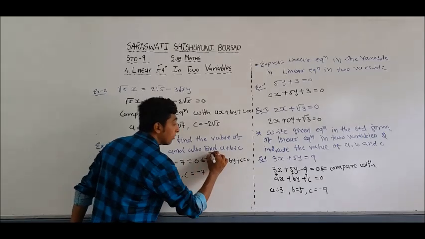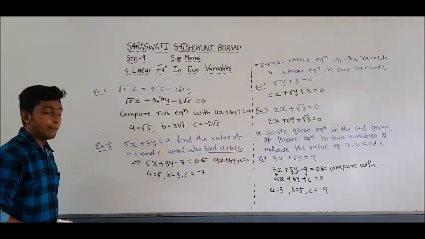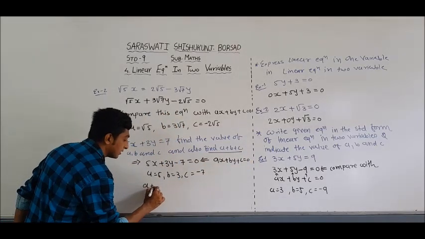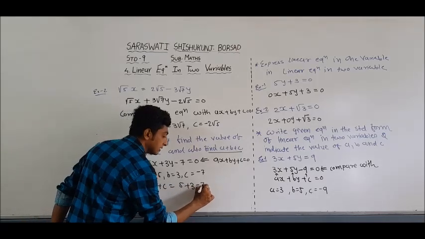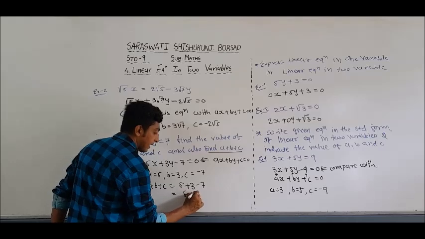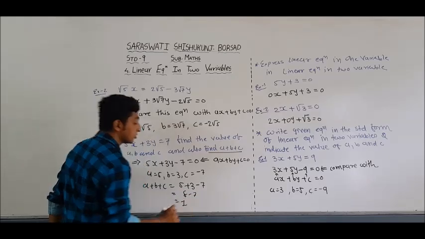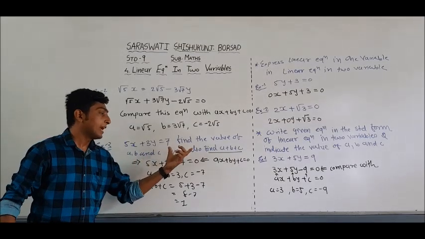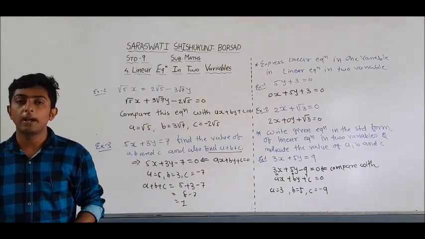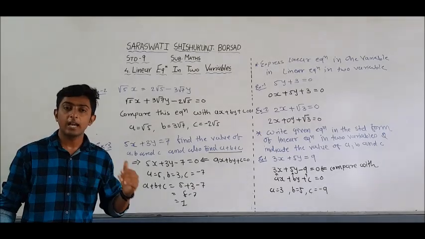Now we also have to find a plus b plus c. So a plus b plus c equal to 5 plus 3 minus 7, that is 8 minus 7, that is 1. So the question can be asked to find a plus b plus c or a minus b minus c. Now let us see another type of example.